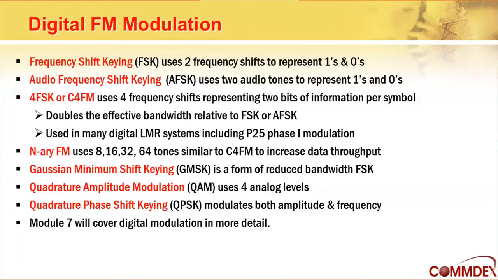Other things that you may hear about: GMSK is a reduced type of FSK modulation. Quadrature amplitude modulation, where we're actually amplifying or modulating the analog levels as well. And QPSK, which is used in P25, modulates both amplitude and frequency.